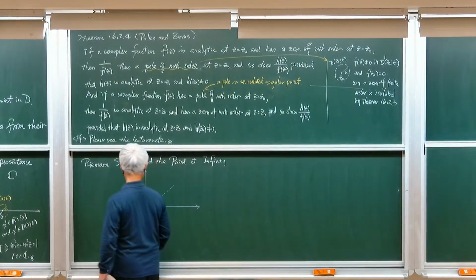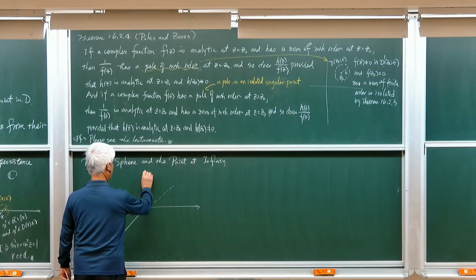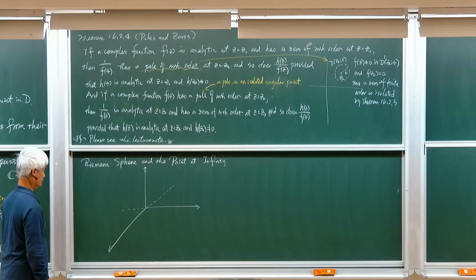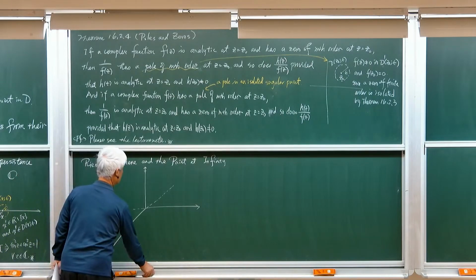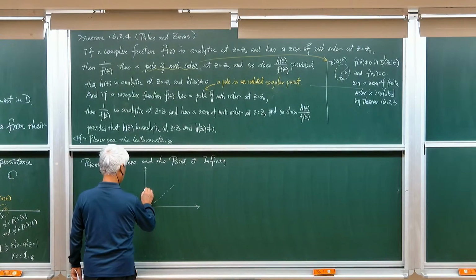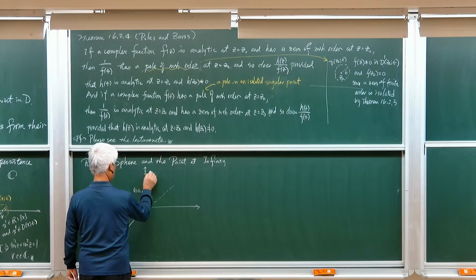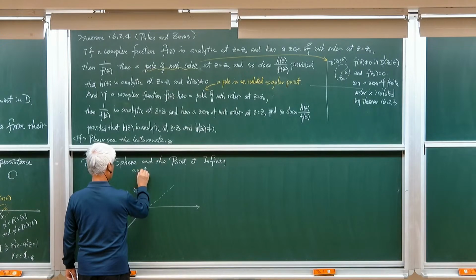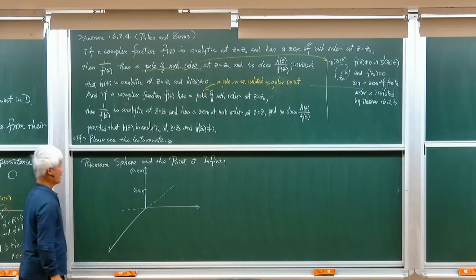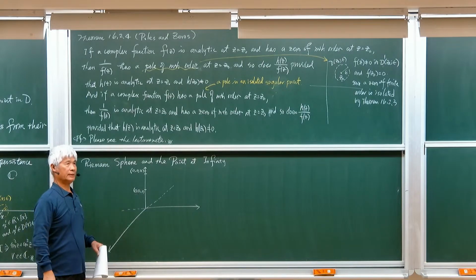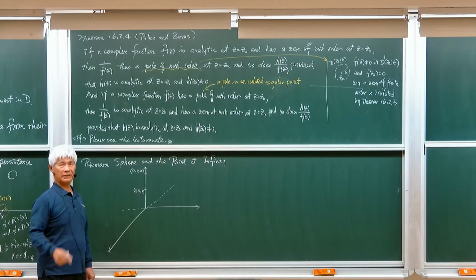This is our coordinate frame. And we place a unit ball, a ball with radius 1.